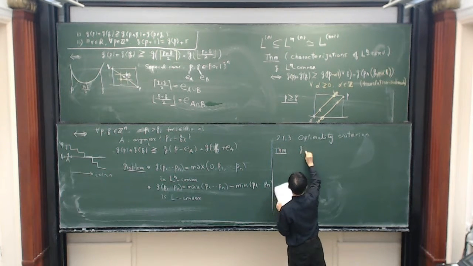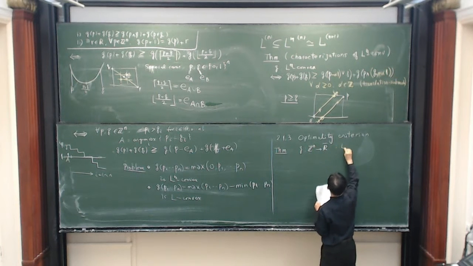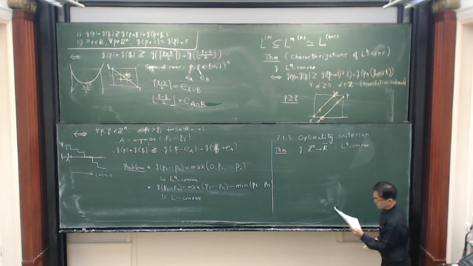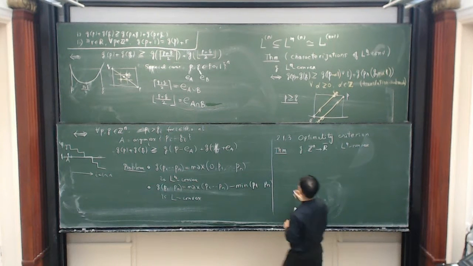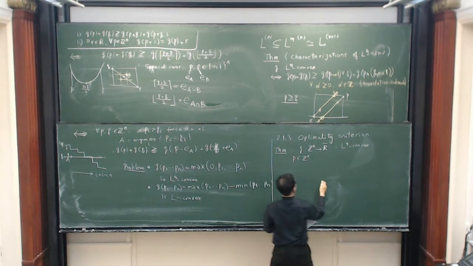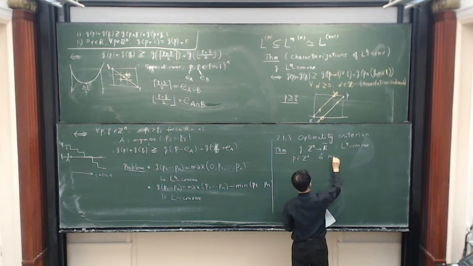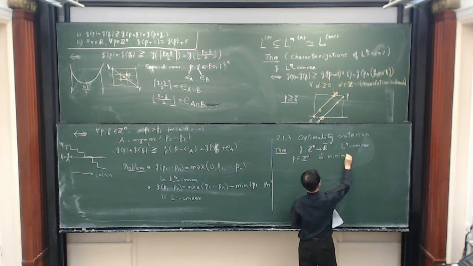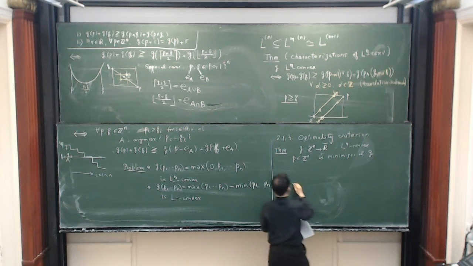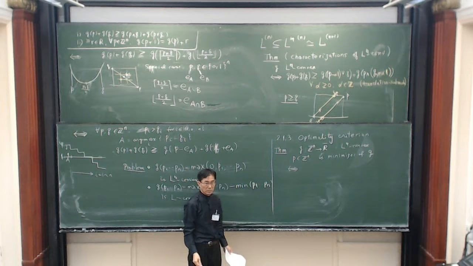So if g is L natural convex, then we want to know that P in N is a minimum if and only if some local optimality is true.